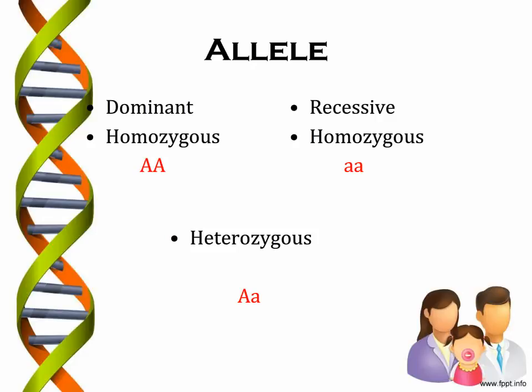Little b, little b, blue eyes because it's recessive. But big B and little b together will still give me brown eyes because the dominant allele will always mask the recessive allele. And we'll see that demonstrated on later slides.